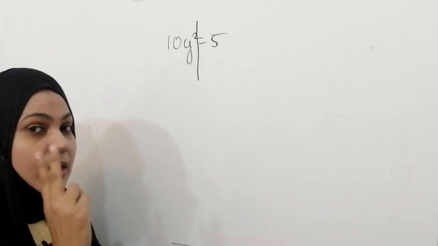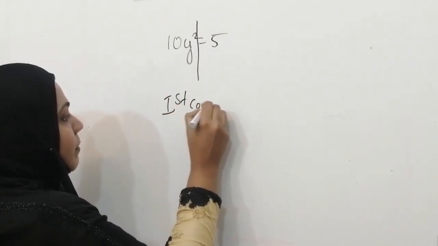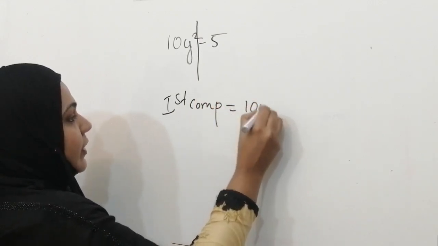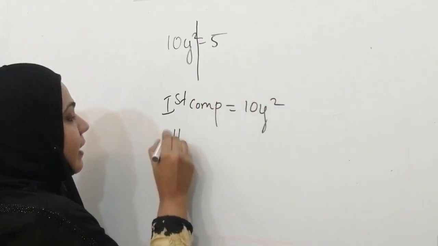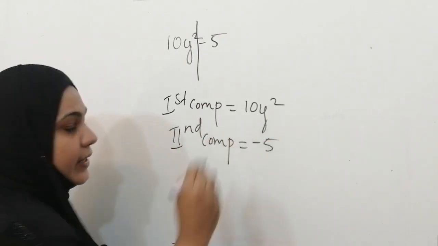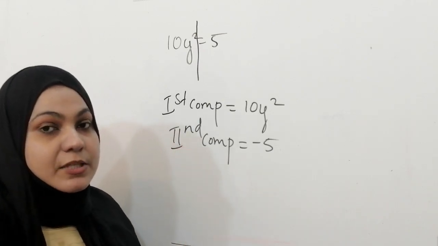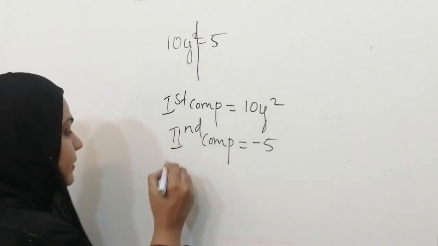You know that there are 2 compartments here. The first compartment is 10y square and the second compartment is minus 5. We can call these compartments, in terms of algebraic expressions, terms.